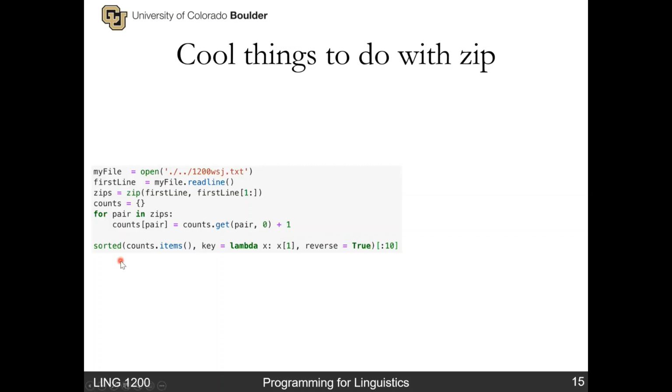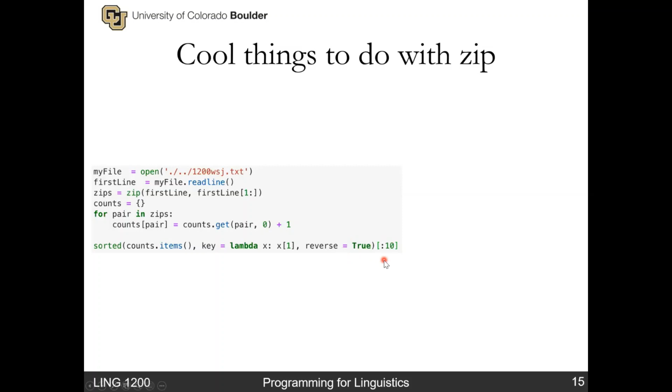And then we're going to sort them. So we're going to sort using dot items, and our key here is saying sort it by the frequency, the second item, which is our value, right? When we have the dot items, the second element in the tuples that it's going to look at is the number, so that's the frequency. So we're sorting by frequency, reverse true, meaning we're going to start with the most frequent first.